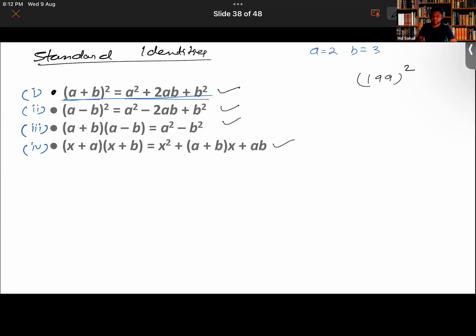So how do we find the value using the identity? We can use the first identity to find the square of 199, or we can also use the second identity, so it has to be 200 minus 1 whole square. So we are getting A and B here, right? In this manner, we will be required to solve it.